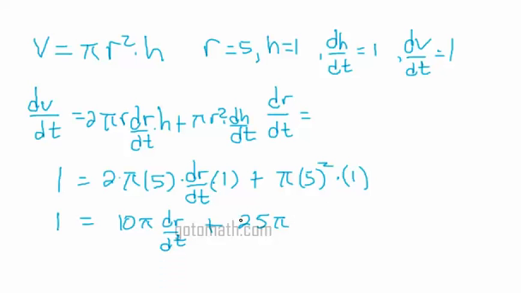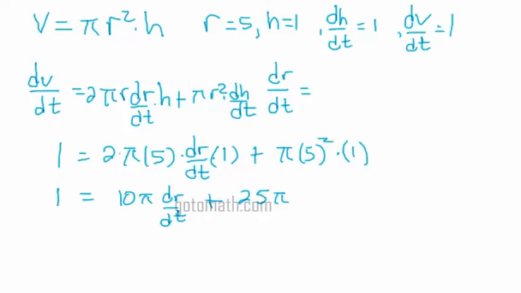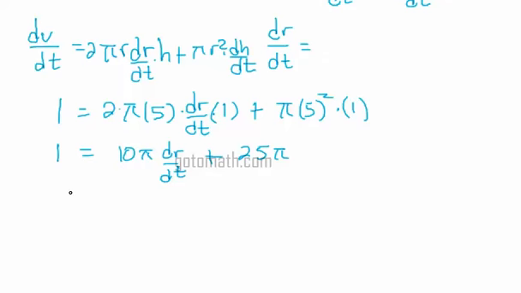So what we could do is we could take this 25 pi over, and I need to scroll down the screen a little bit. So we're going to have 1 minus 25 pi over 10 pi, and then dr over dt.